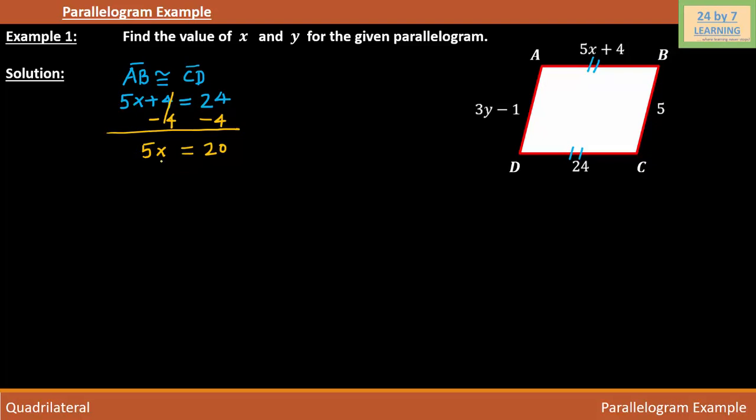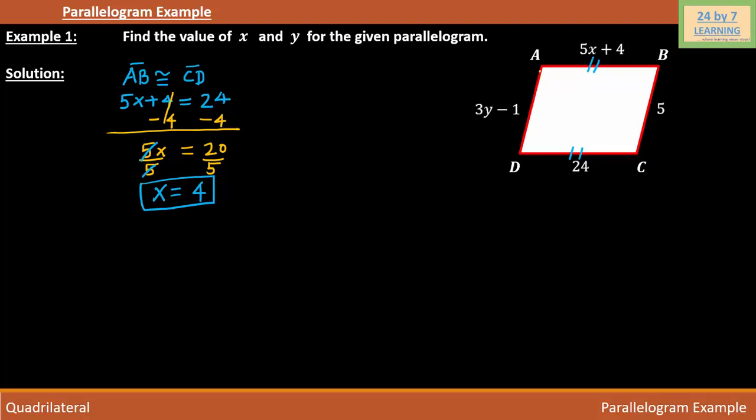The only way is to divide both sides by 5. So 5x over 5 is equal to 20 over 5. The 5 cancels out, and the only thing left on the left hand side is x, which is equal to 20 over 5, which is 4. So the value of x is 4.